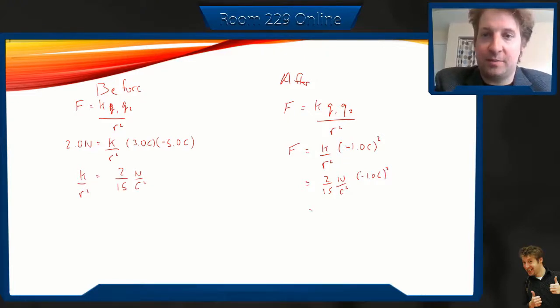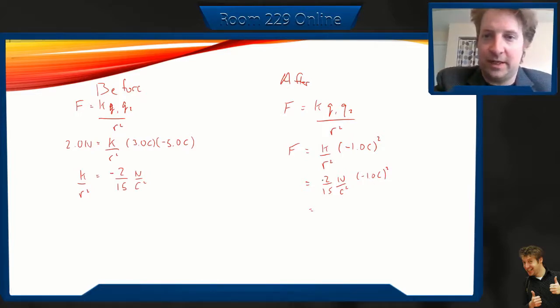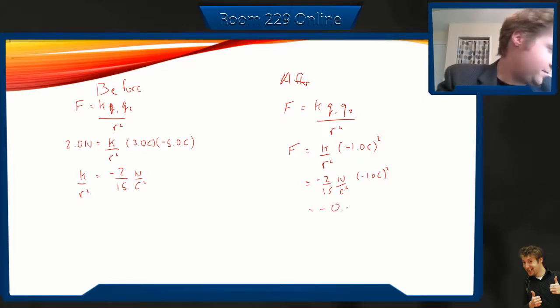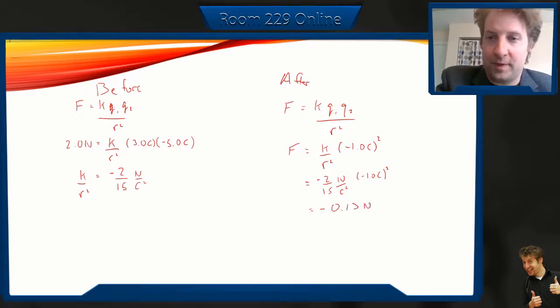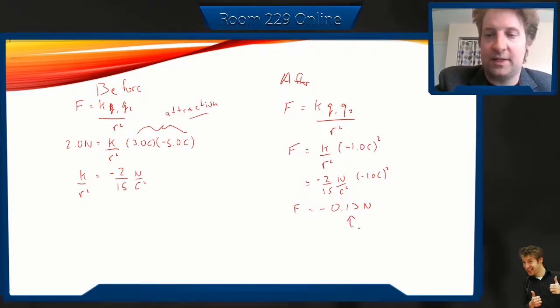Negative times positive. So we're going to end up with what? Oh, wait. It's negative, so this will be negative here. So we're going to have negative 0.13 newtons. That's my new force. So they're going to repel each other. Started off attracting each other, right, because they're opposite charges. So from this attraction, but because this is negative, this is now going to tell us a repulsion.